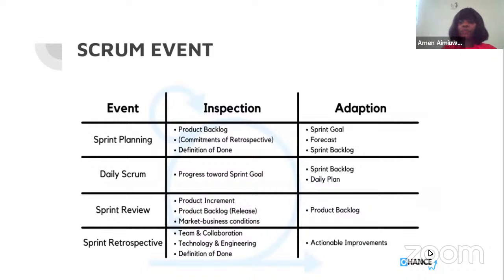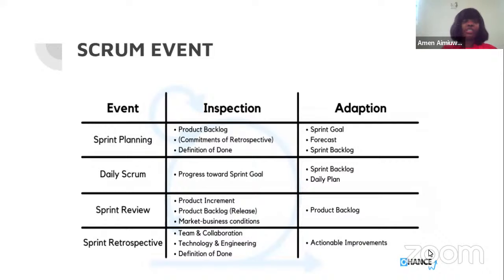Then the next event after the sprint planning is the daily Scrum. The daily Scrum is attended by the developers alone. Nobody is expected to attend the daily Scrum except the developers. The purpose of the daily Scrum is for the developers to review what they've done in the last 24 hours and also to review what they are going to do in the next 24 hours.